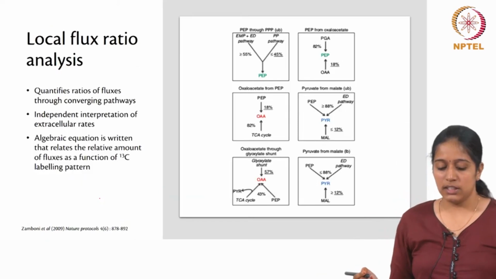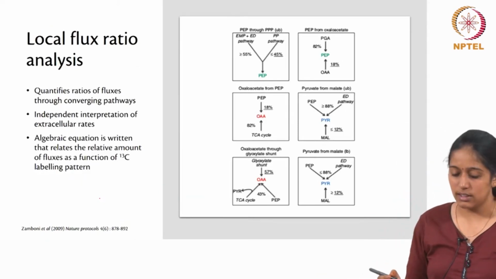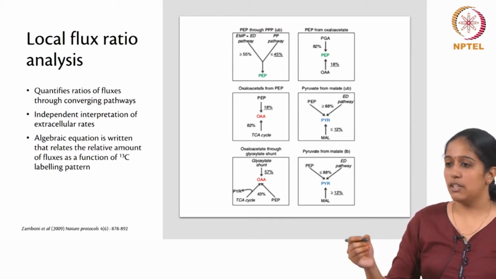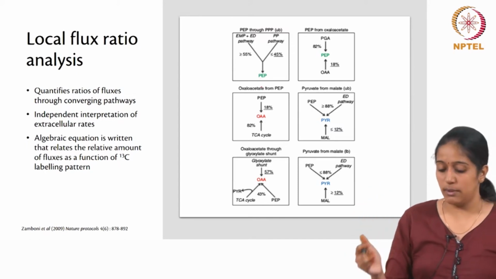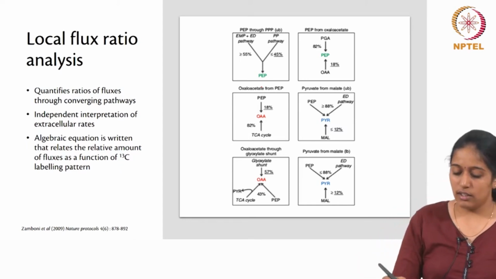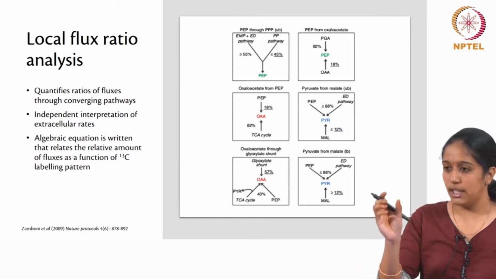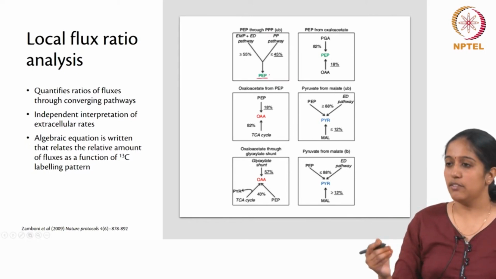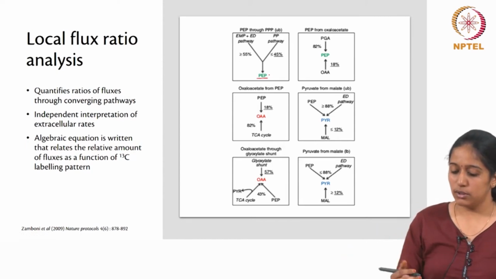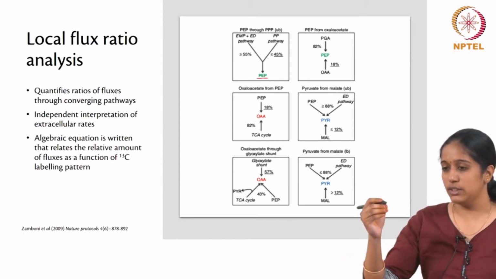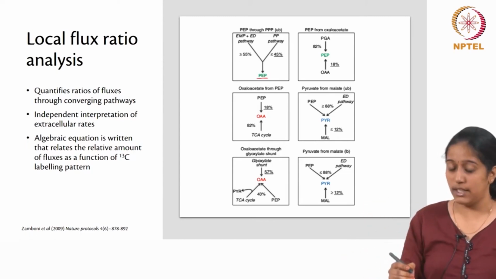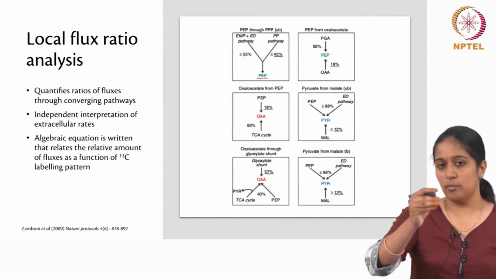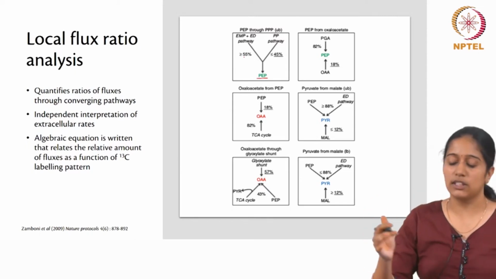The next one is local flux ratio analysis, where you try to find out the fluxes through different pathways. You have a ratio of fluxes between different pathways. Here you just have a particular metabolite of interest, and with that metabolite you try to frame the rules, and using those rules or the labels that you observe for that metabolite, you try to see that so much has come from a particular pathway and so much has come from another pathway.